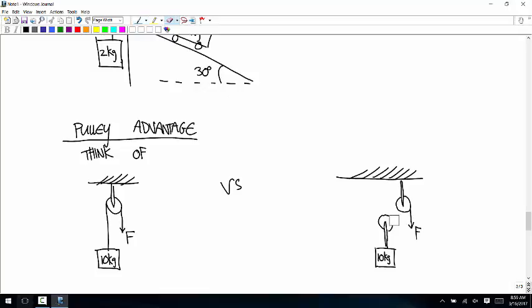We want to make it so that all of these stretches of cable are vertical. Okay, so the cable goes from this F over the pulley connected to the ceiling, down under the hanging pulley, and then connects to the ceiling.